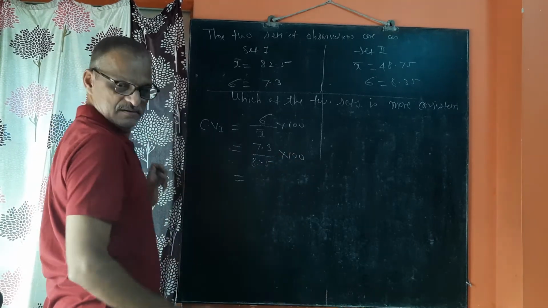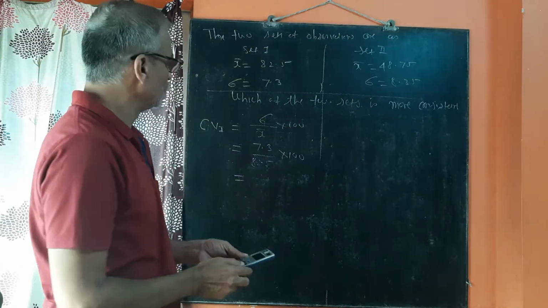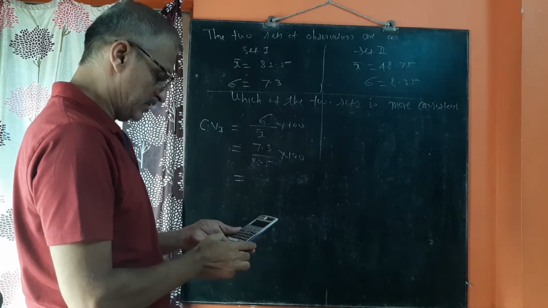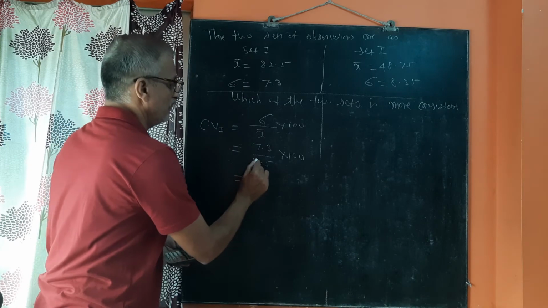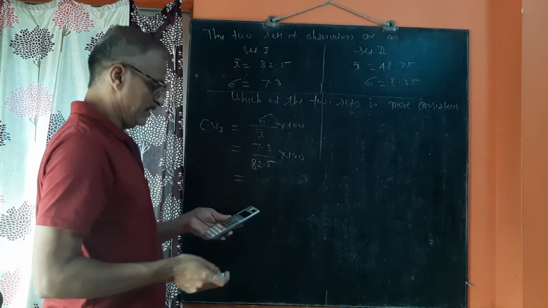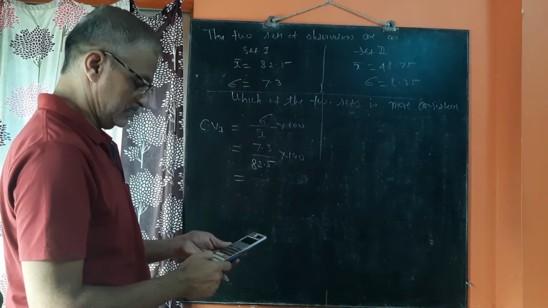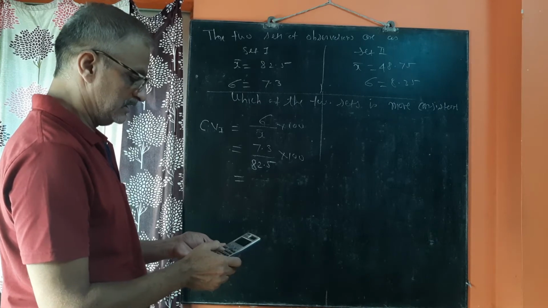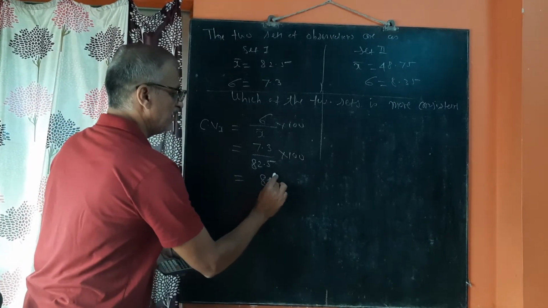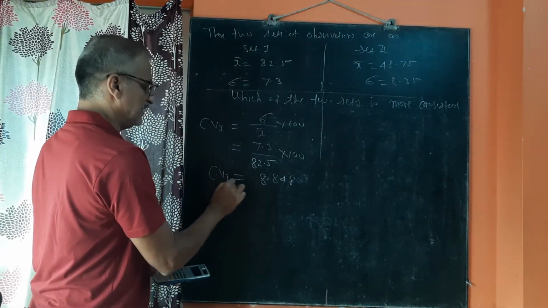Let us calculate it. 7.3 divided by 82.5 into 100, that comes 8.848. That is CV of first set.